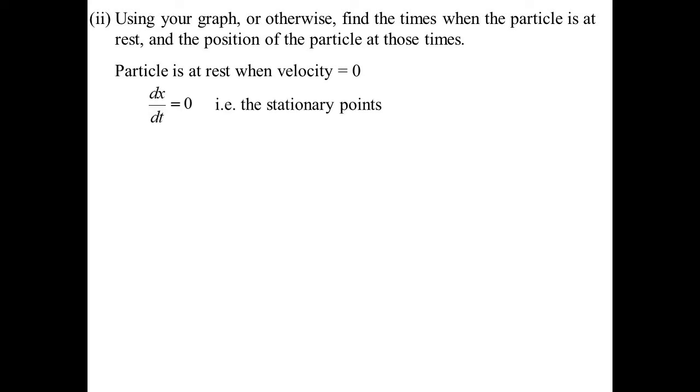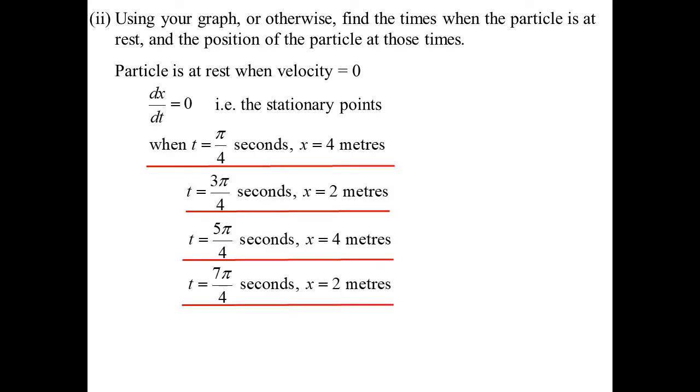So I just look at my graph for the stationary points. At t equals pi on 4, we have a stationary point. Its displacement is 4 meters at that point. Next one, 3 pi on 4. Next one, 5 pi on 4, 7 pi on 4. So much quicker than using the calculus. So I take advantage of the graph that we had drawn. And they gave us the hint by saying, using your graph.